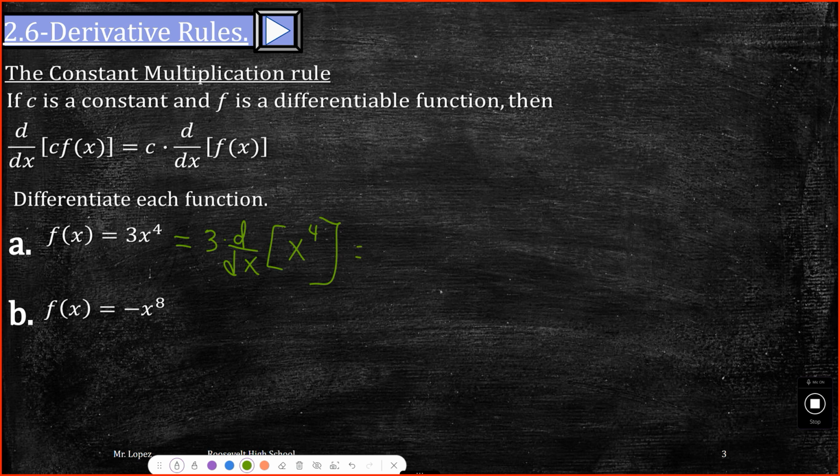But you're not going to be doing all this. We'll do it faster. The derivative of x to the fourth, by the power rule, is 4x cubed.